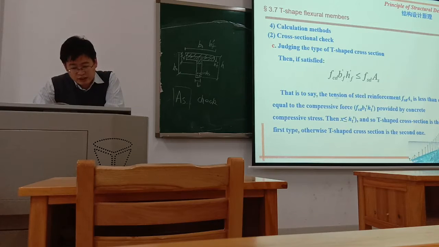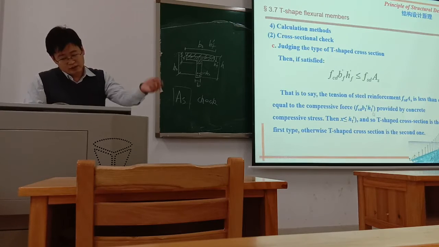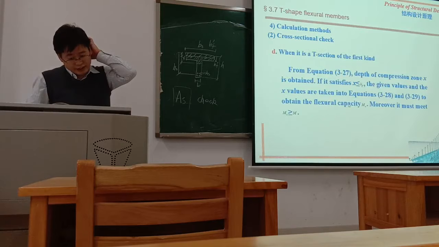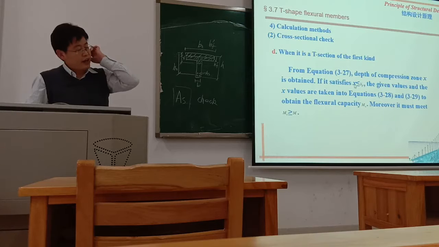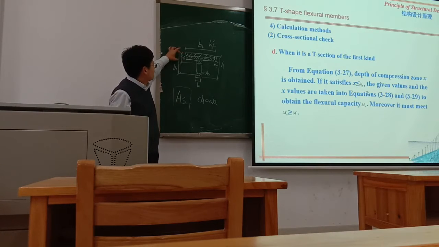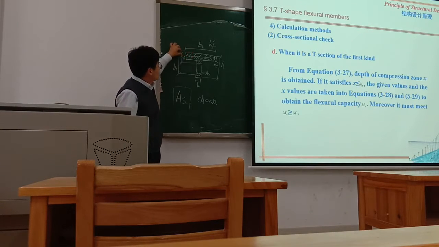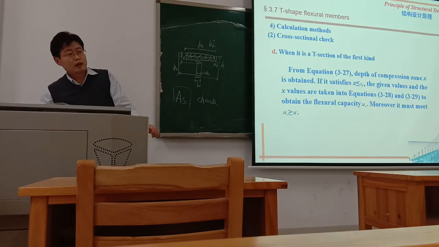This is to see if the tension of the reinforcement is less than this, which is the reference standard. When it is the first kind, that means x is smaller than hf, so the compression height is just in this flange, type 1.